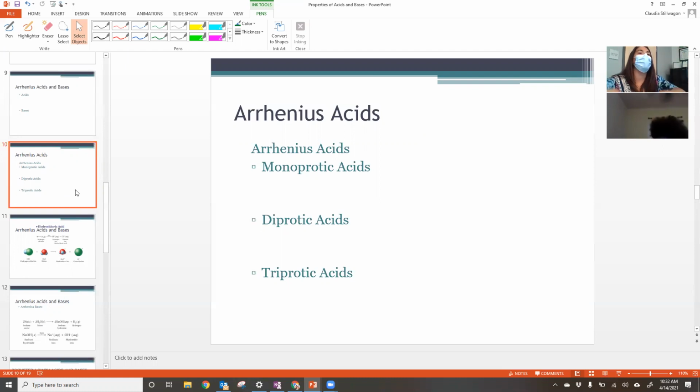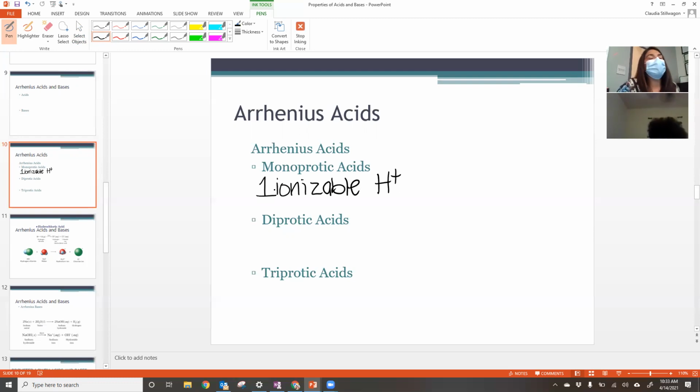So a monoprotic acid is going to contain 1 ionizable hydrogen. I'll write it down since it's a new word. Not a cool word. Okay, 1 ionizable hydrogen.